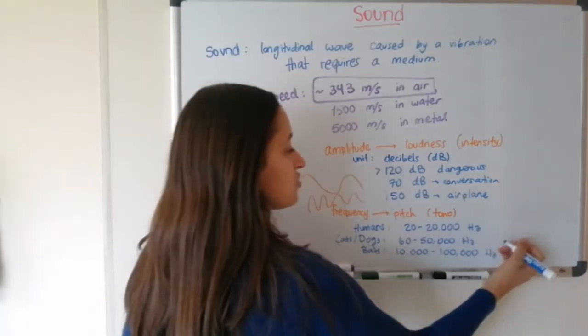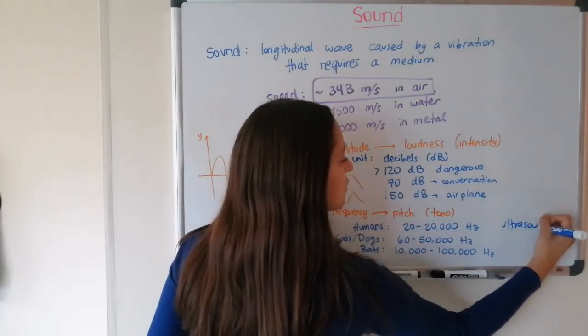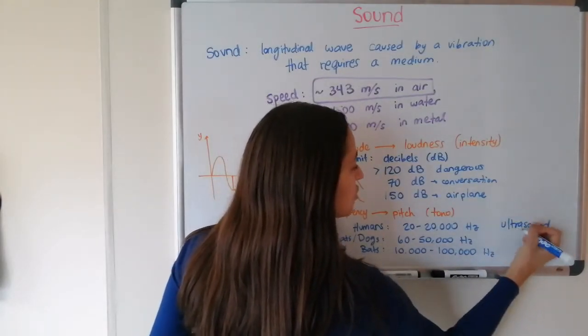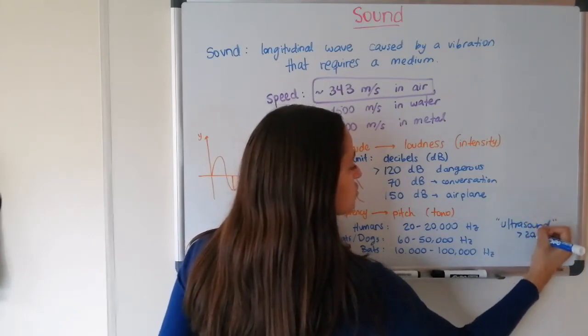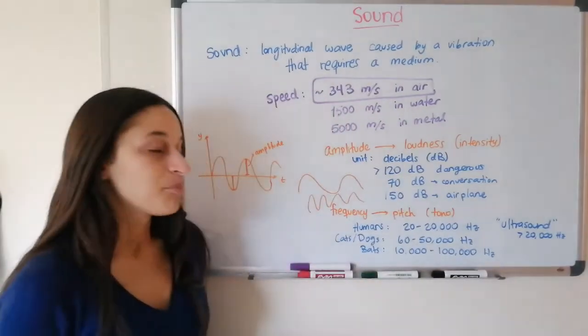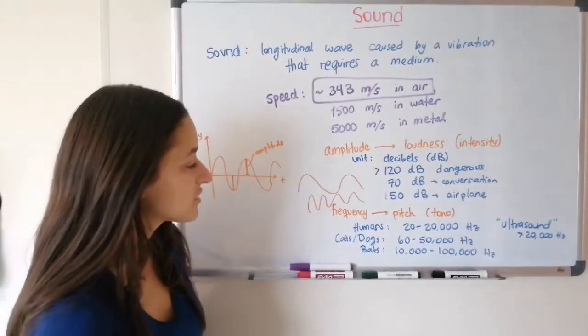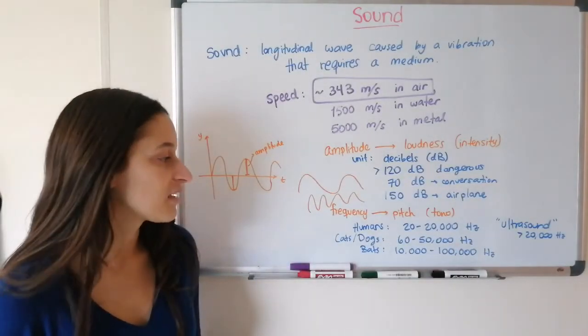Actually, above this range, it's called ultrasound. If you've ever heard of the medical diagnostic system, ultrasound, that just means that it's bigger than 20,000 hertz. That's why when you get an exam, you don't hear it, but other animals might. For example, cats and dogs have approximately the same range of frequencies that they can hear.